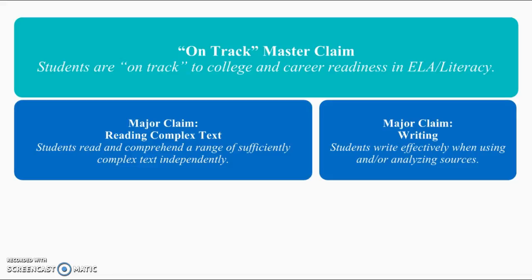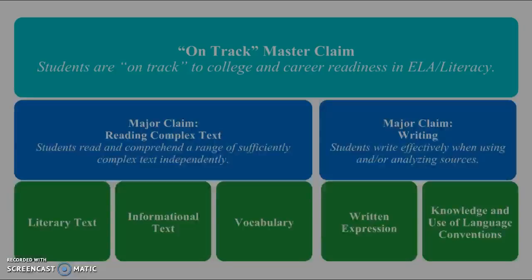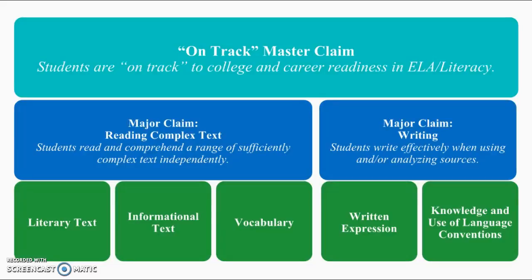PARCC provides a major claim regarding the degree to which students are able to read and comprehend a range of sufficiently complex texts independently, which is the reading master claim, and write effectively when using and analyzing complex texts, which is the writing master claim. PARCC goes one step further and also has 3 subclaims under reading and 2 subclaims under writing.